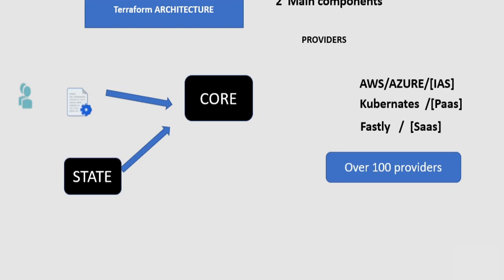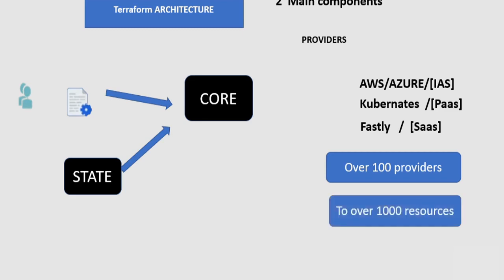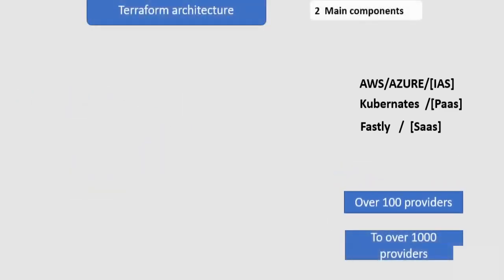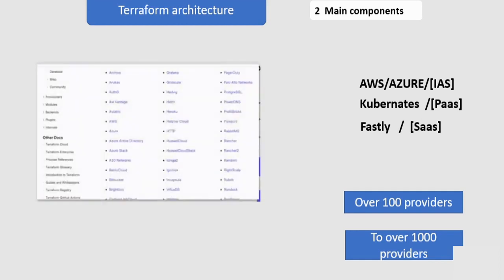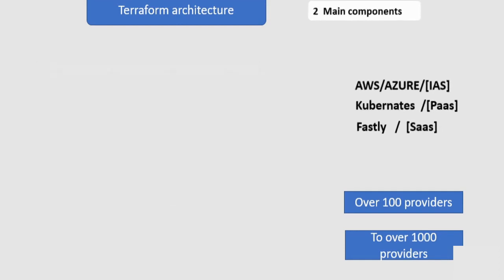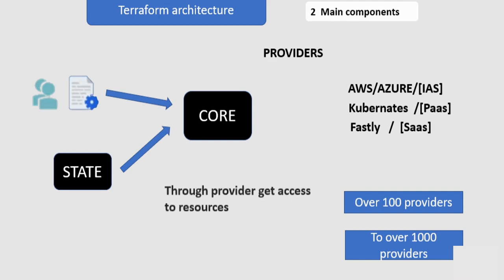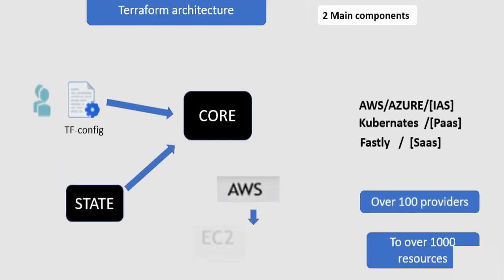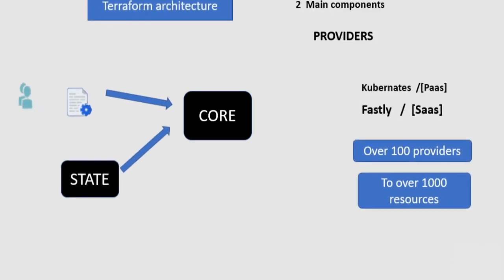Terraform has over 100 providers for these different technologies, and each provider gives Terraform users access to its resources. So through the AWS provider, for example, you have access to hundreds of AWS resources like EC2 instances, AWS users, etc. With the Kubernetes provider, you get access to resources like services, deployments and namespaces, etc.